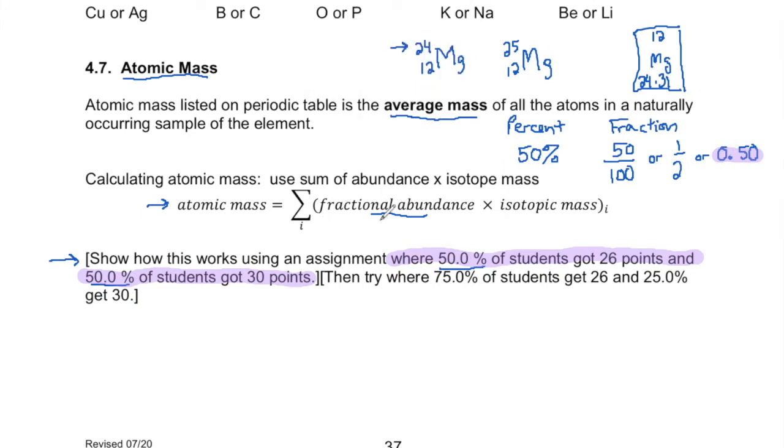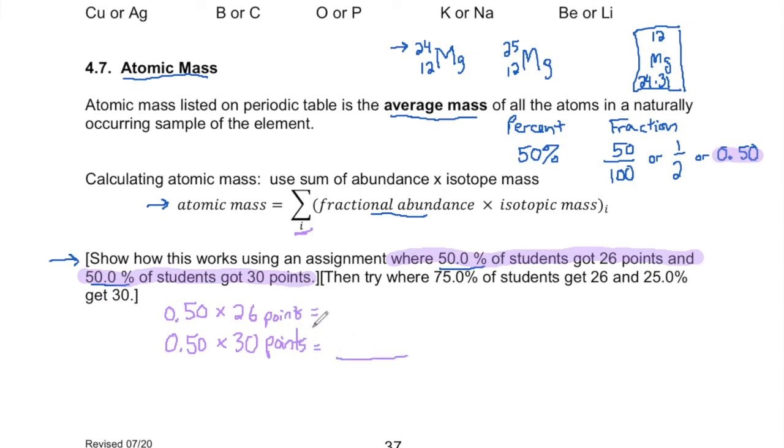So we are going to multiply the fractional abundance times, in this case, the score. So we have 50% of the students getting 26 points, and we have 50% of the students getting 30 points. And then we're going to take the sum of that, we're going to add it up.